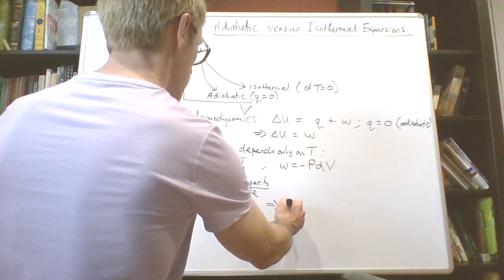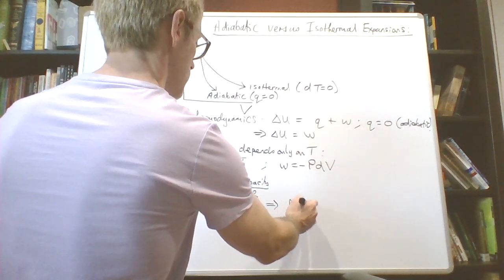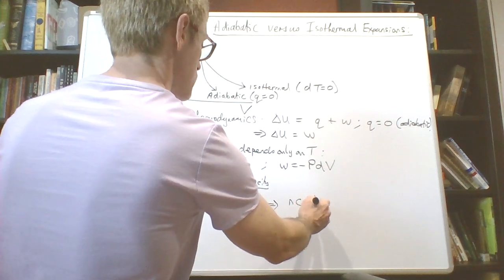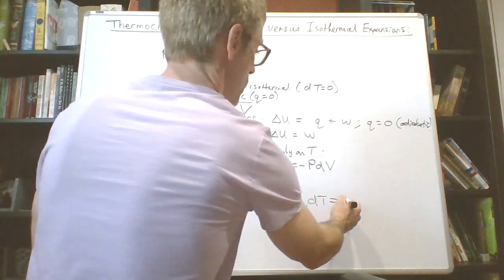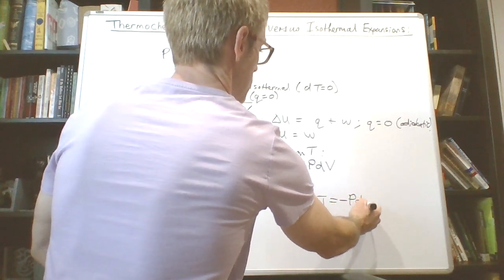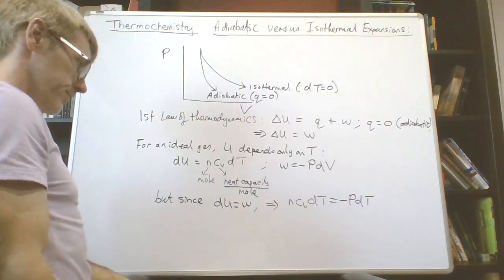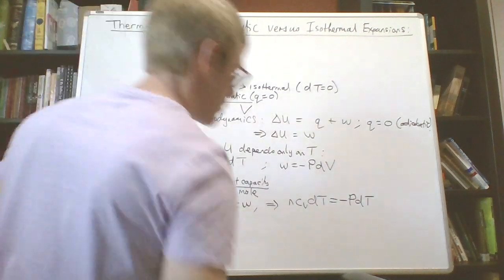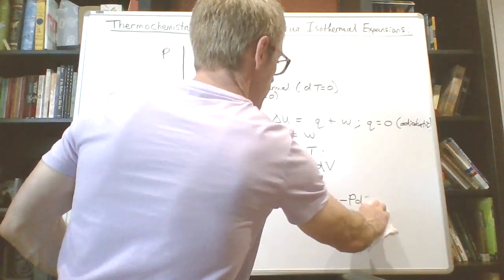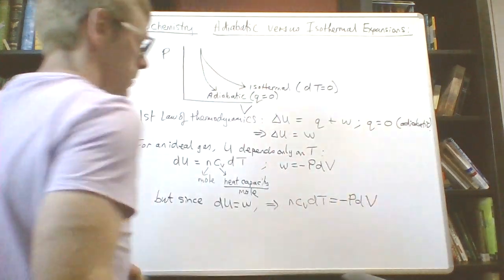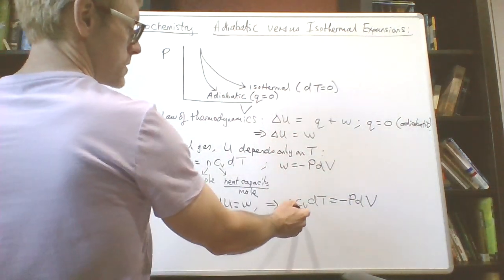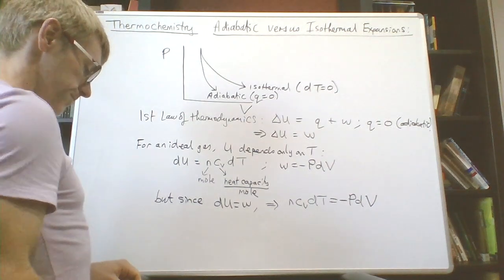So we can say that n times molar heat capacity times change in temperature is just equal to work, where work is negative P change in volume. So this is just dU equals W.